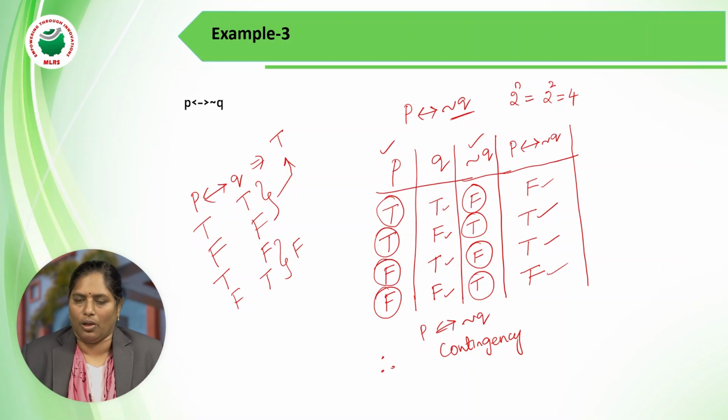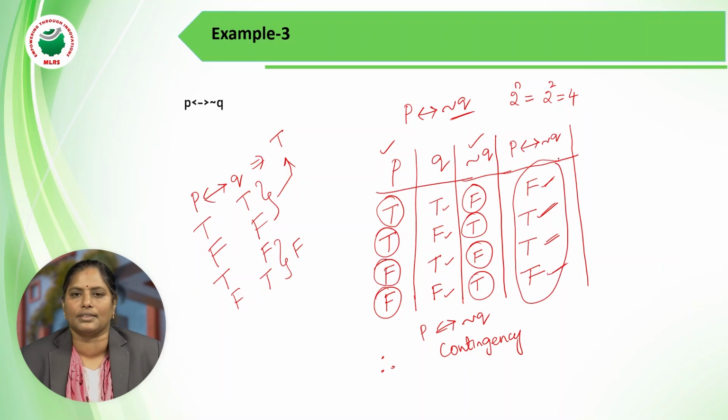Contingency means the possibilities of a compound proposition contain a combination of true and false. Or else you can check that the last column of a compound proposition contains a combination of true and false, and this is called contingency.